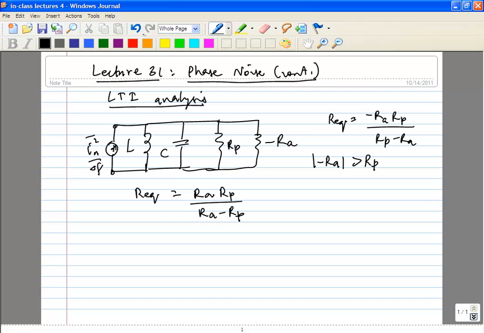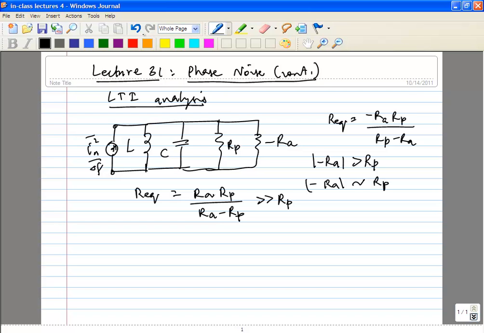So this will be the value of the equivalent resistance, and it will be almost equal, which means this will obviously be much greater than RP.